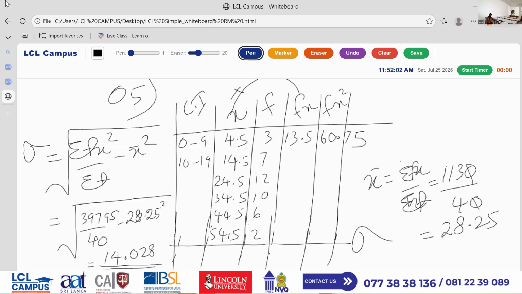Maybe somewhere is wrong. The fx squared total might be wrong somewhere. Check again quickly. Fx is correct, no? Because X bar is correct, the mean and the fx column are correct. Again, take 13.5 into 4.5 and check with your table.